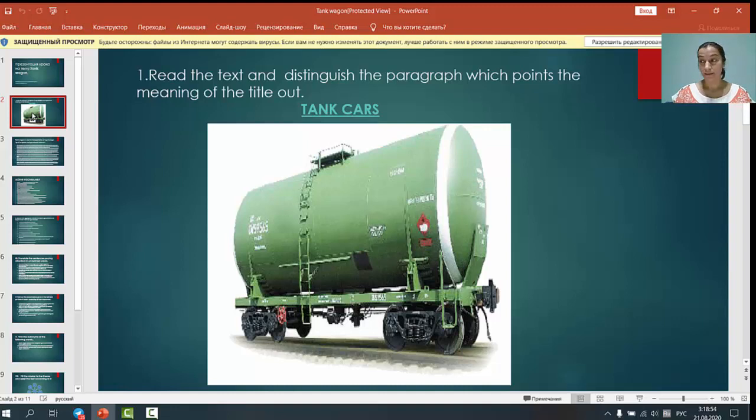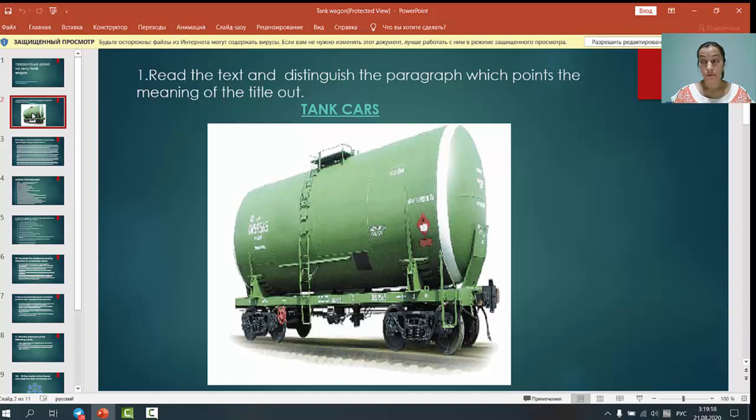I'm Palvanova Nadira Bikpirgenovna. Today I'm responsible to deliver lessons 3 and 4, and these lessons are about tank wagon. This is a special text, and this lesson includes all skills: reading, listening, writing, and speaking.